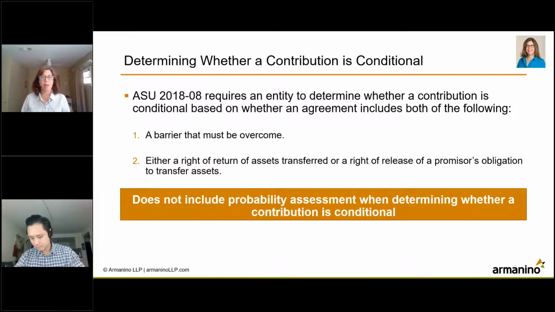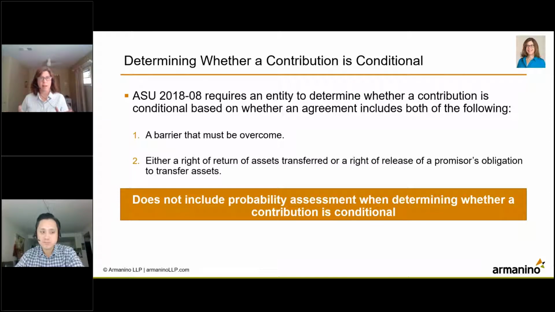That was really because under old GAAP, there was one example of what could constitute a conditional grant, and that was a matching grant. There was also a sentence in old GAAP that says if it's a remote likelihood that you won't achieve the condition, then you can go ahead and record and recognize that revenue.